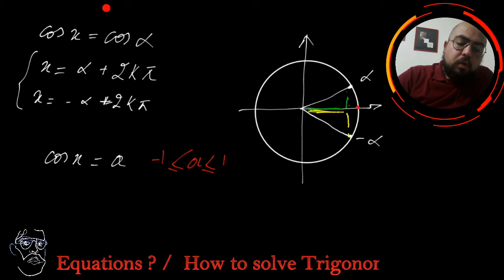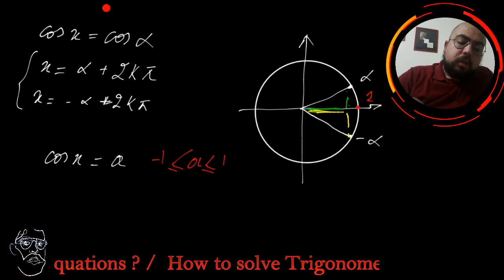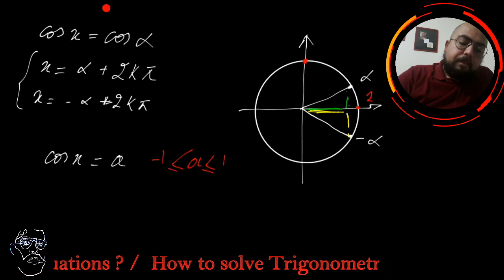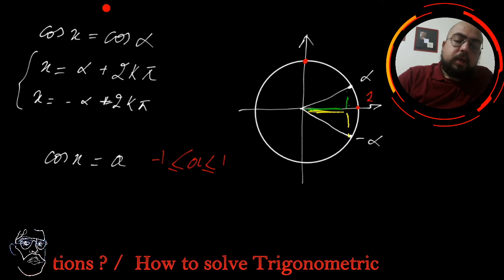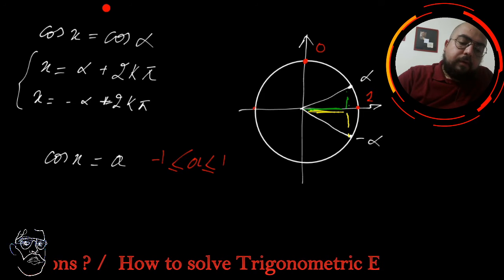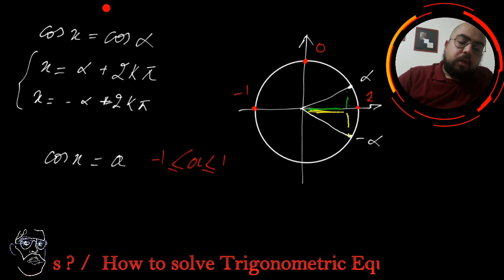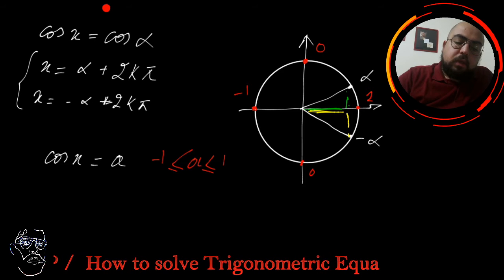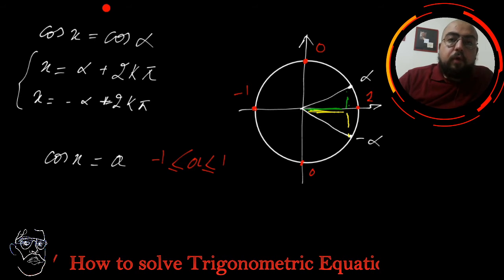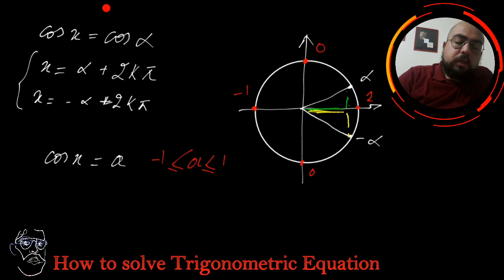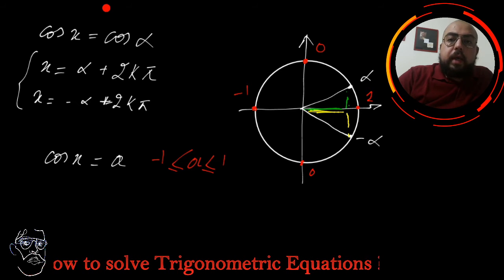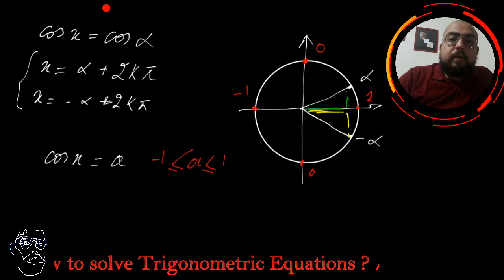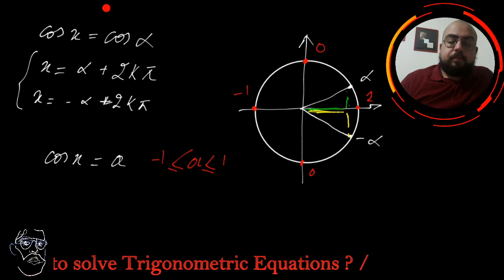Cosine of 0 is 1, the cosine of 90 is 0, cosine of pi is -1, and cosine of 3 pi over 2 is 0. So the values of cosine are between 1, 0, -1, 0, again 1. So it's any value between -1 and 1.